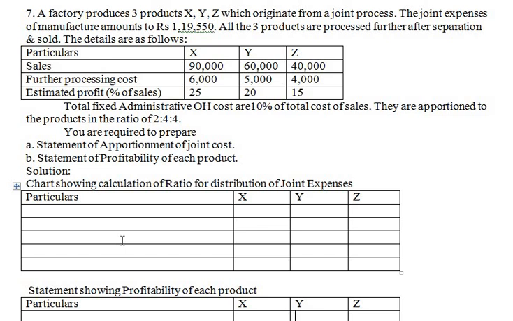So this is what they have asked. First we will prepare the chart showing calculation of ratio for the distribution of joint expenses. That is the format I had given, the same thing we are going to take here. So next line, write down chart showing calculation of ratio for distribution of joint expenses.